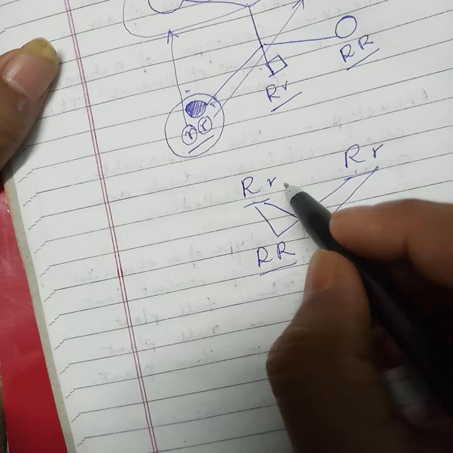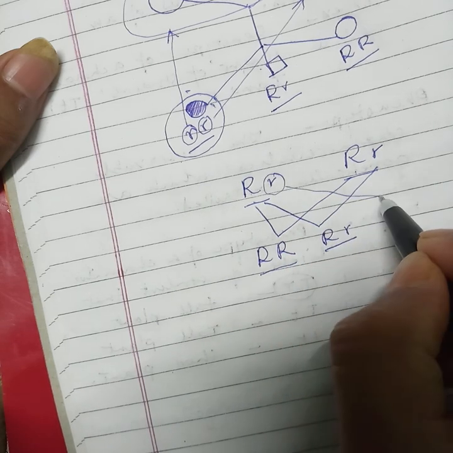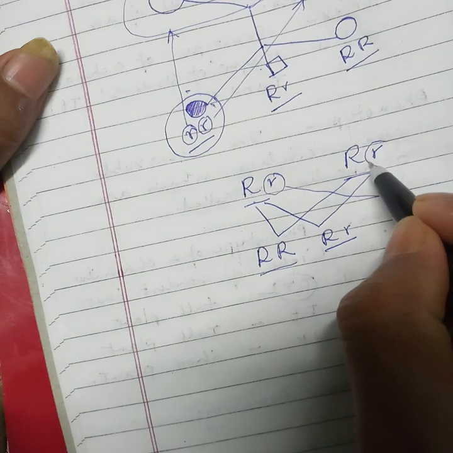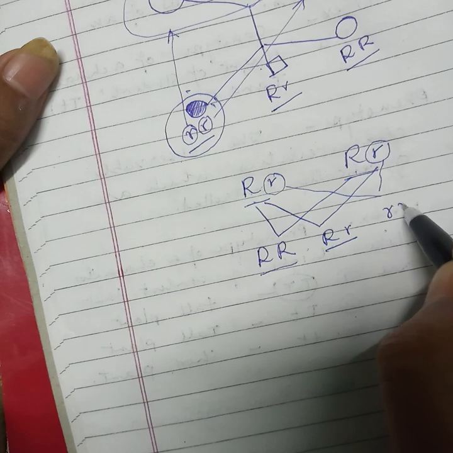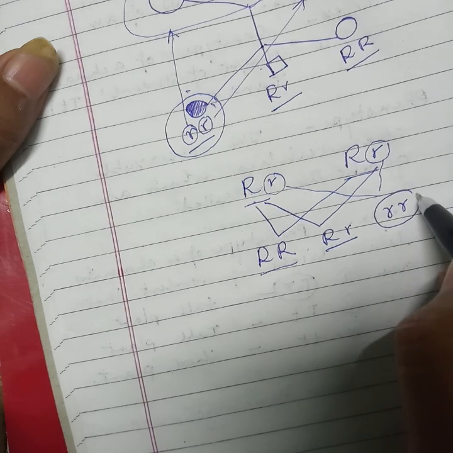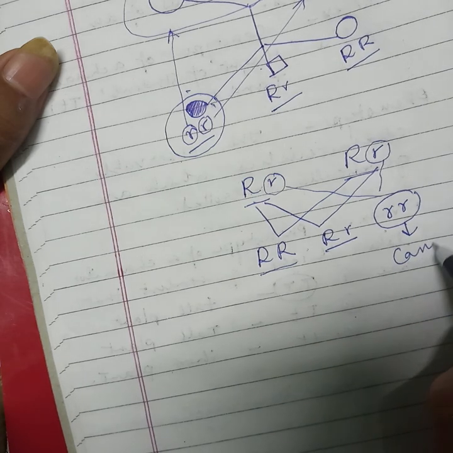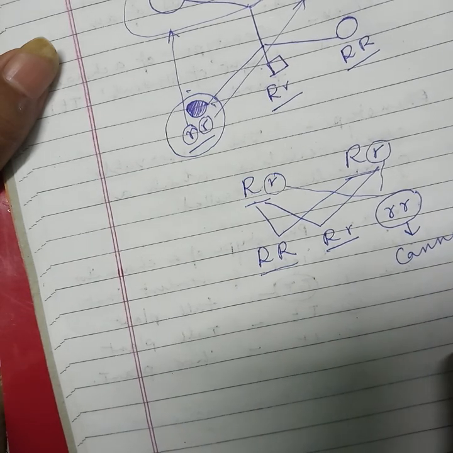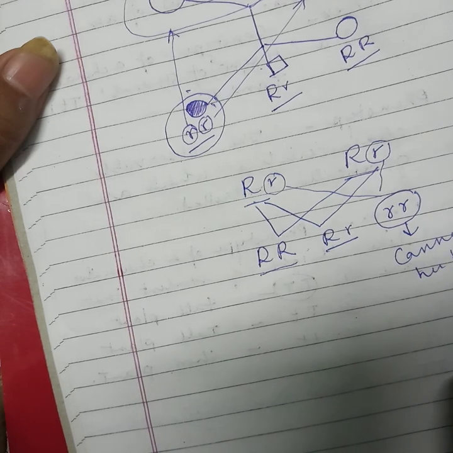And the last time, this small r will fuse with the small r of the male, thus producing the homozygous recessive gene, and this child cannot roll her tongue.